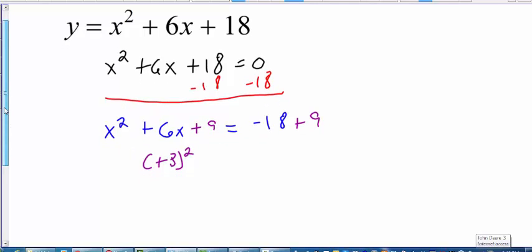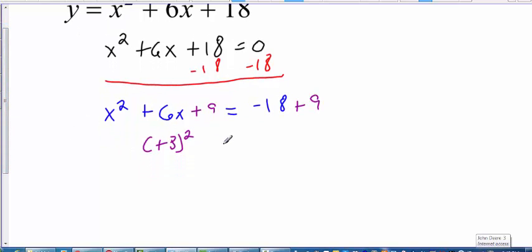Now we write our perfect square trinomial, which is x plus 3 squared equal to negative 9, and then we add 9 to both sides.